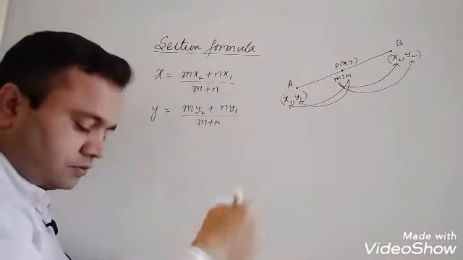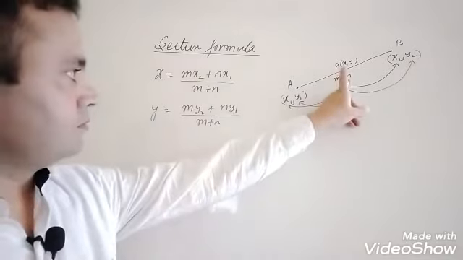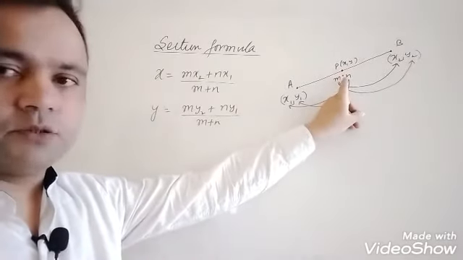And this is the section formula, if a line divides in the ratio m is to n.